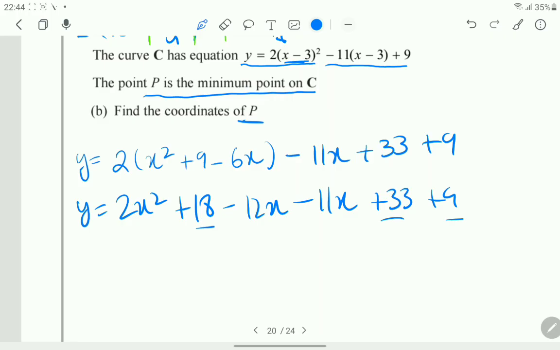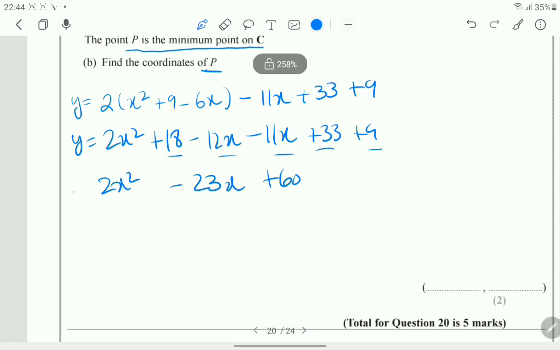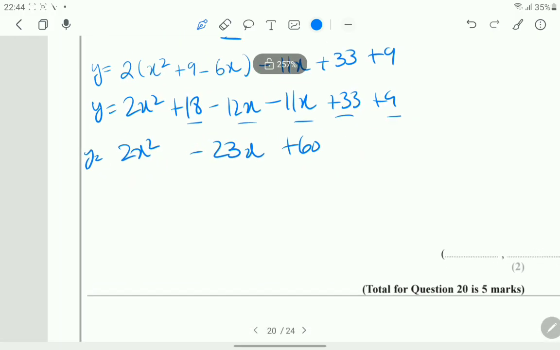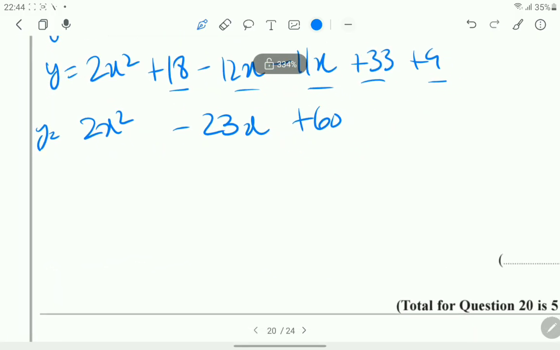Constants: 18 plus 33 plus 9 is 60. So we have 2x squared plus 60, and for the x terms, minus 12 minus 11 is minus 23x, equals y. So let's make it into our completed square form.